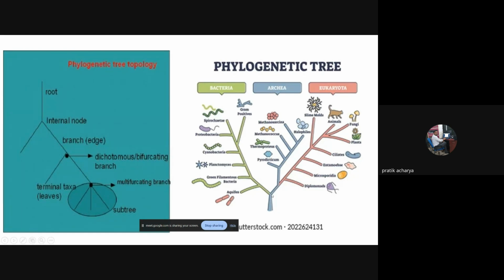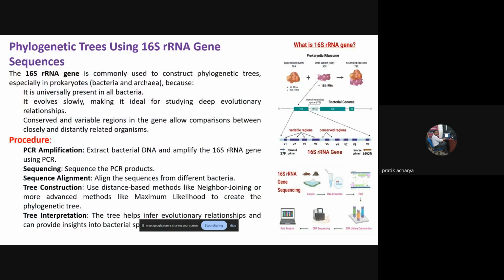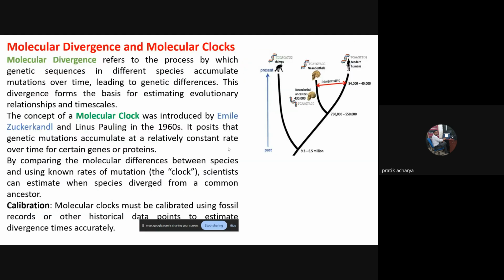At all the points of diversification we find mutations, and we can compare those mutations. This comparison is known as the molecular clock, basically. This is due to genetic variance or molecular divergence.